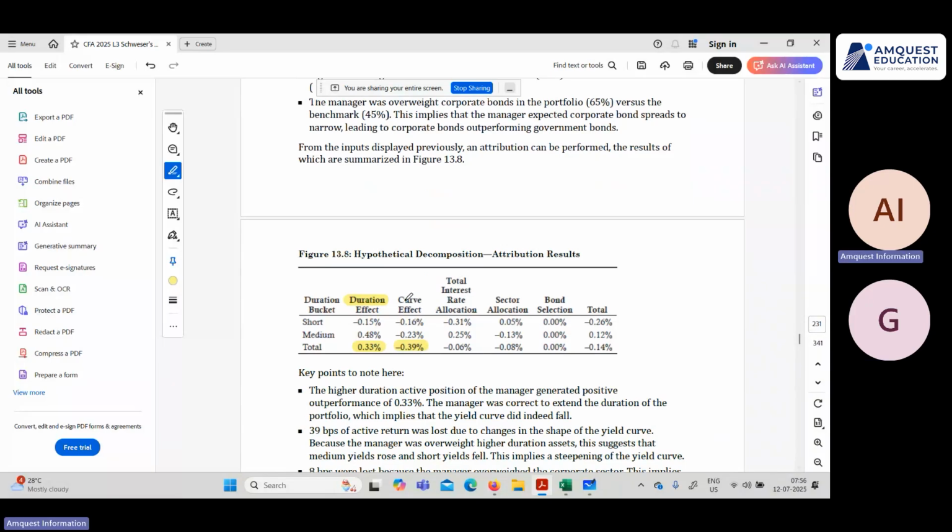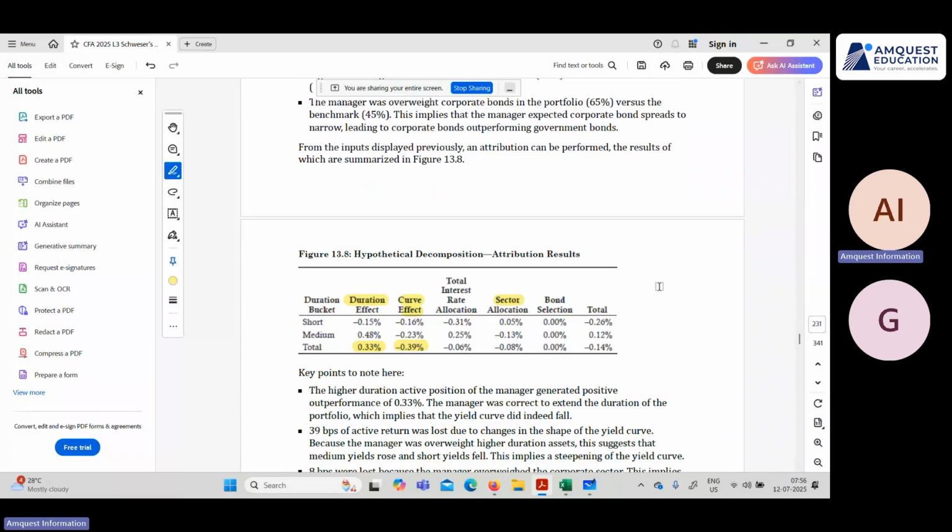Something that I can't really take care of. I would not know how my interest rate allocation would work because I don't really control this part. Look at this sector allocation. We did corporate versus government. Okay? So we thought that the spread is going to reduce.